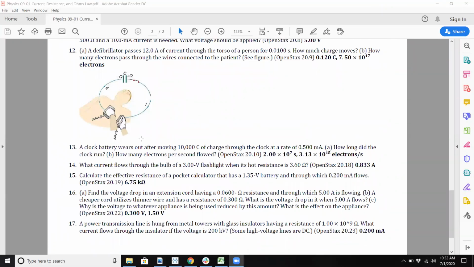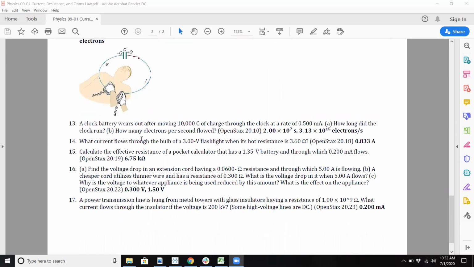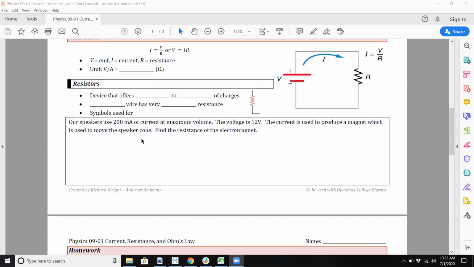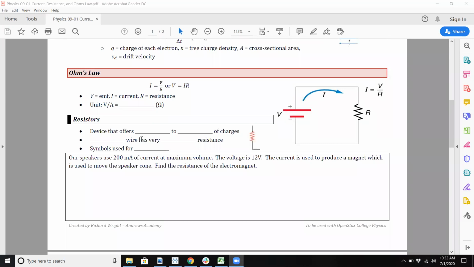And hold on a sec here. Okay, so Ohm's law: I equals V over R, V equals IR, same thing. V is voltage, EMF, just so you know, stands for electromotive force.